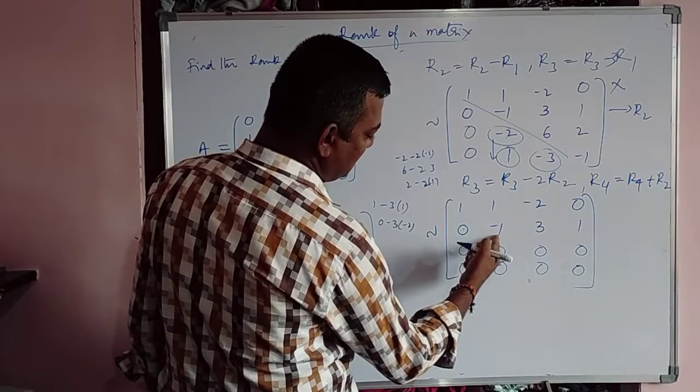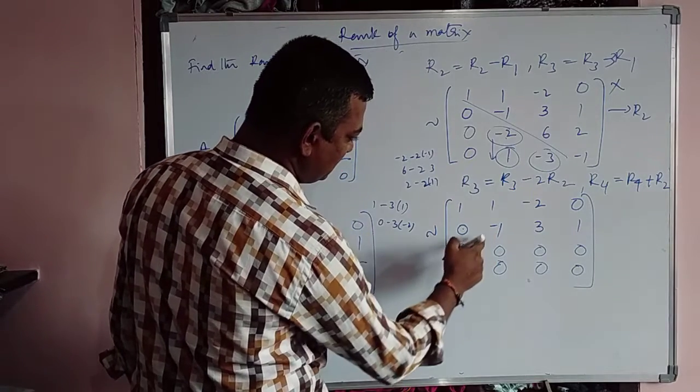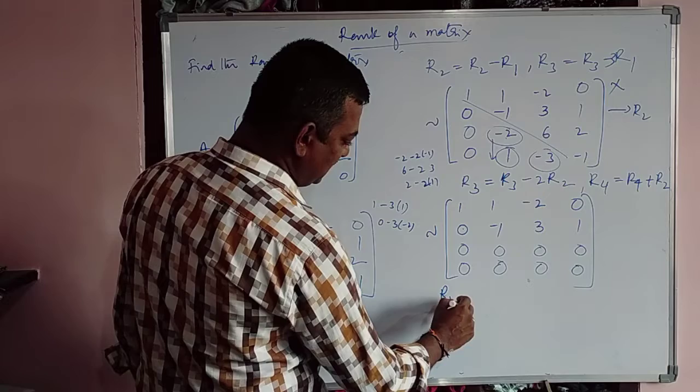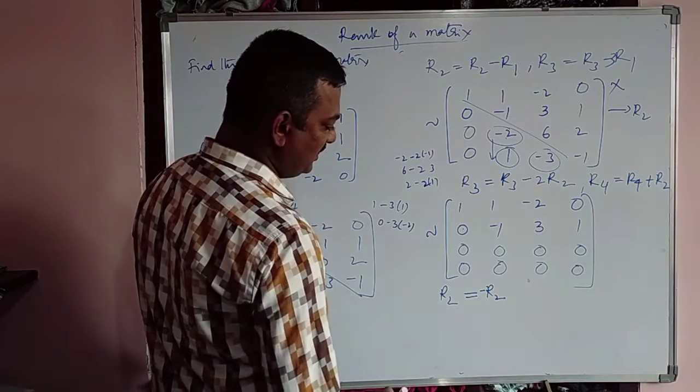So the next non-zero row is this one, and this should start with 1. For that, I am going to multiply R2 by minus 1.